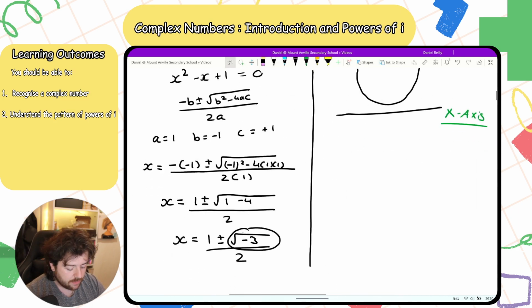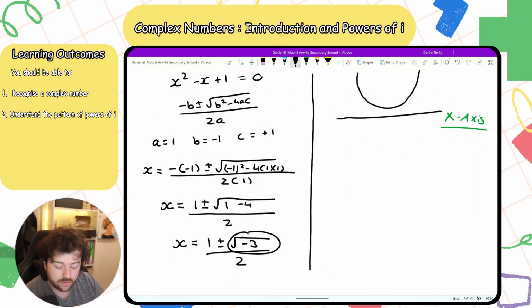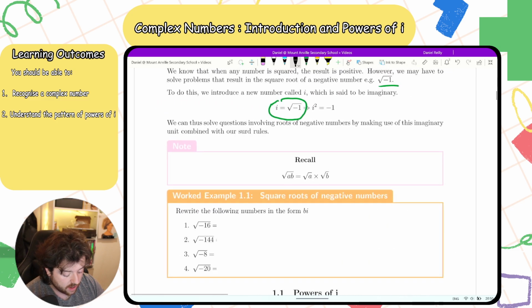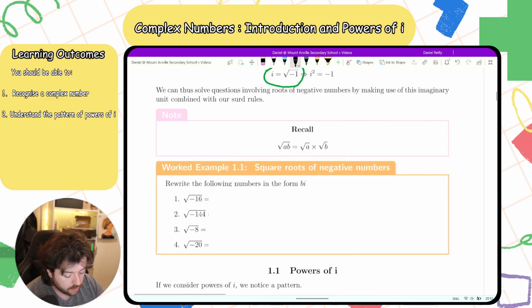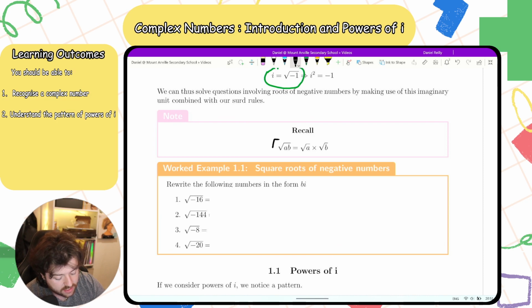Okay, you might be asking yourself, what does that have to do with this root minus 3 we had earlier? We're going to be using our rules of surds here. Remember, if I multiply two things in a square root together, I multiply them underneath the same square root. So let's split this up.